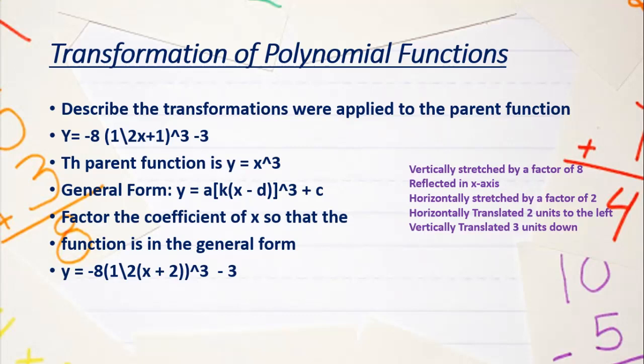Now we have y = −8((1/2)(x + 2))³ − 3. It's vertically stretched by a factor of 8, reflected in the x-axis, horizontally stretched by a factor of 2, horizontally translated 2 units to the left, and vertically translated 3 units down.